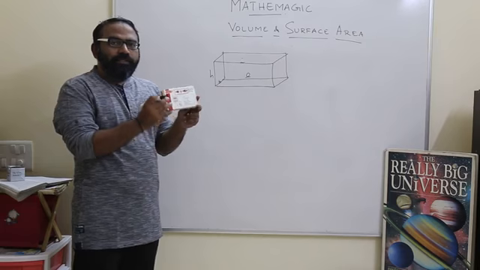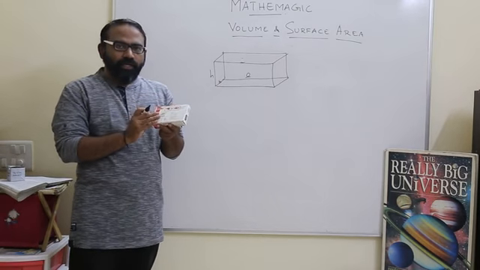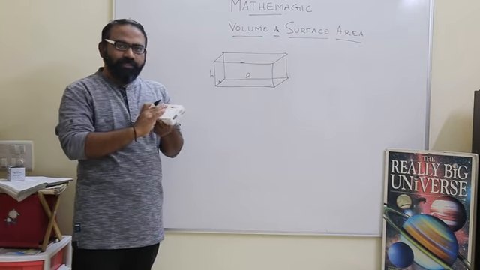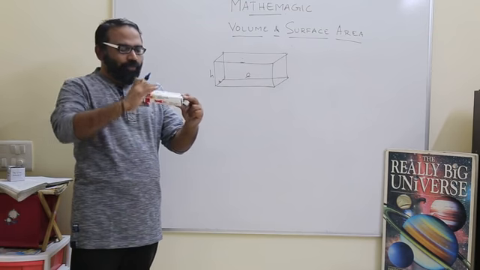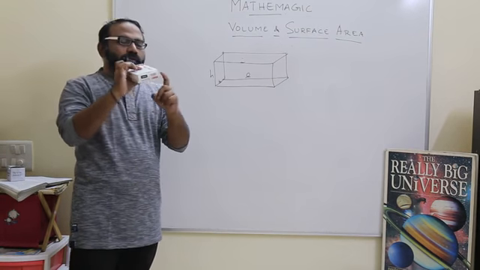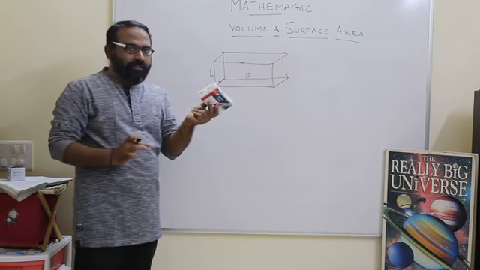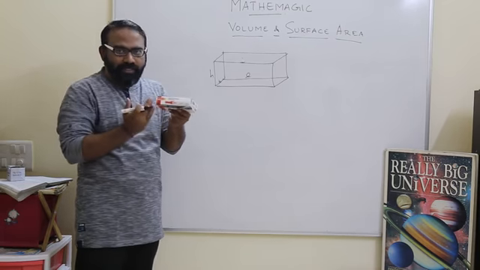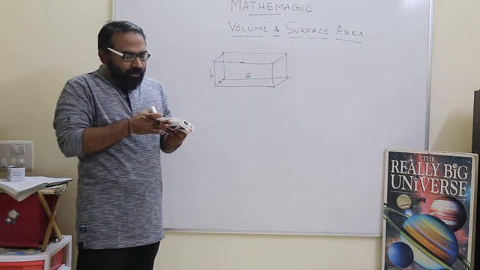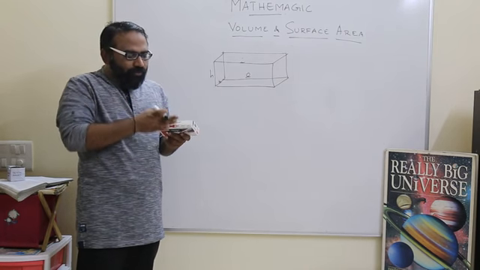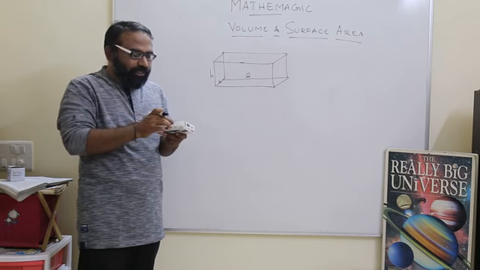There are certain terminologies which we need to be very clear with. So how many faces does this cuboid have? 1, 2, 3, 4, 5 and 6. There are 6 sides or faces. And wherever any two faces meet, it's called an edge.